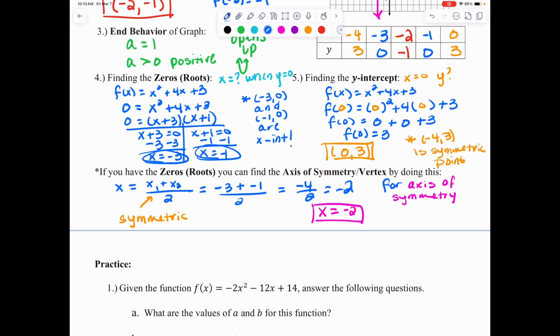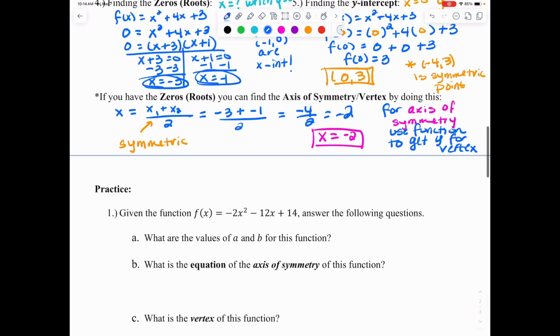We use the function to get y for the vertex. So we could get to the other key features and things that we need to find if we are given a different starting point of the roots instead.